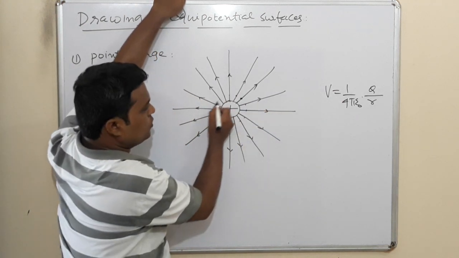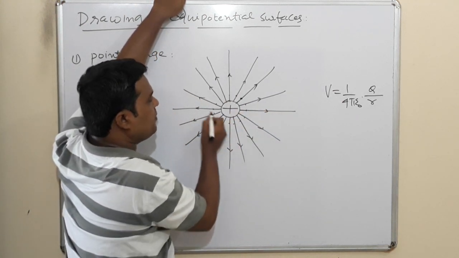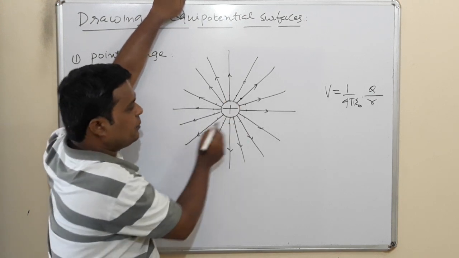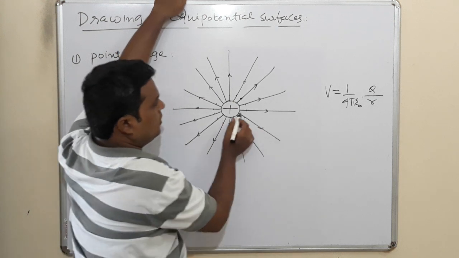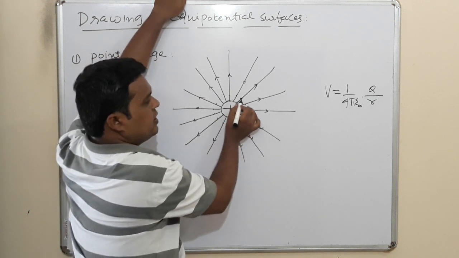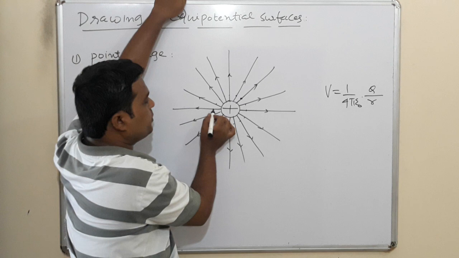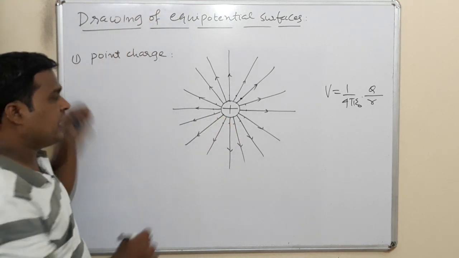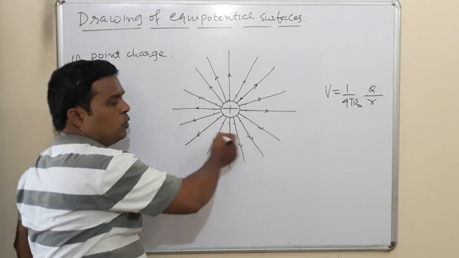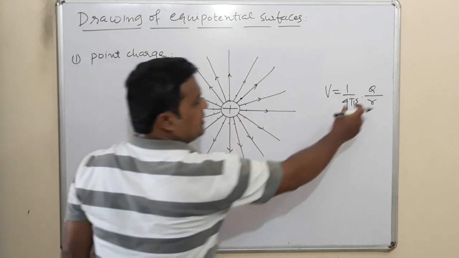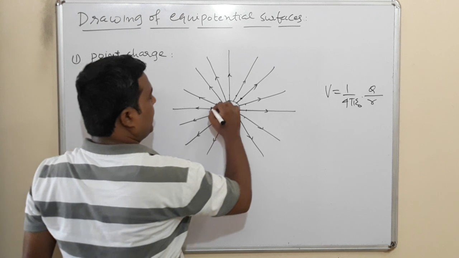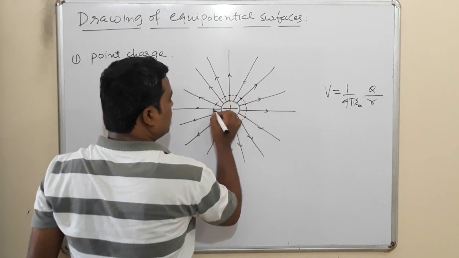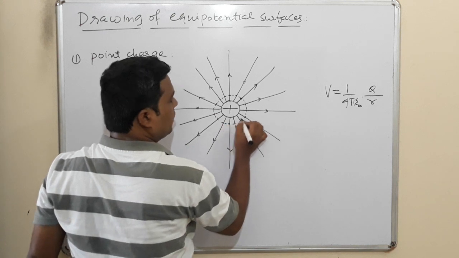If I select those points which are at the same distance R, the potential is 1 by 4 pi epsilon naught Q by R. At this point also same potential, at this point also same potential. That means if I draw a surface covering all those points, this surface gives me equipotential.